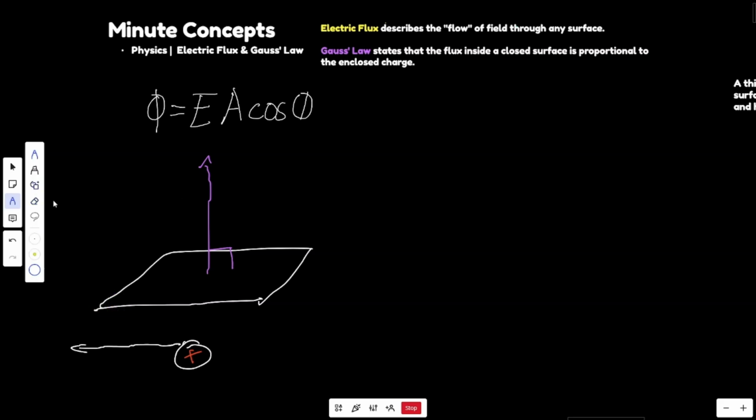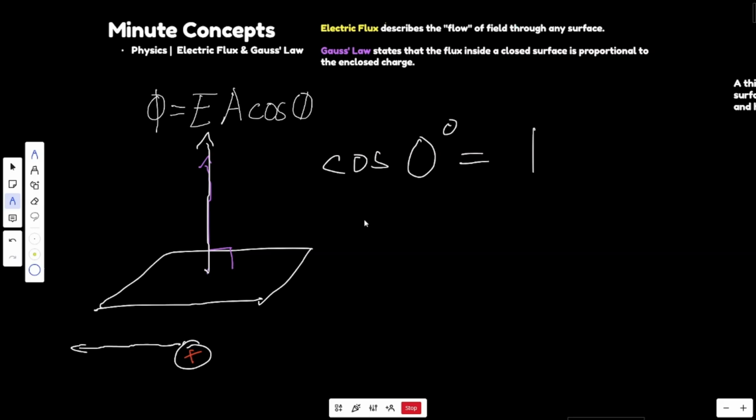Whenever the field line is completely aligned with our normal line, or any normal line perfectly perpendicular to our surface, that means that the angle is going to be 0 degrees. And cosine 0 is equal to 1. That said, that means that the electric flux is always maximized whenever the angle between the electric field line and the normal line is 0.